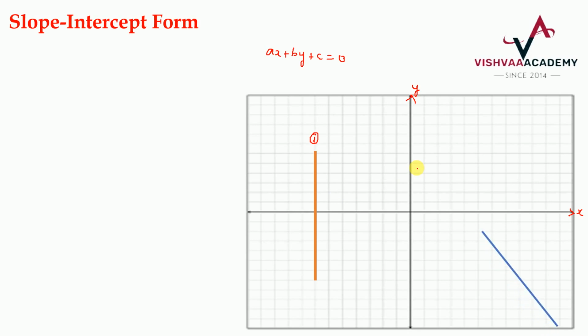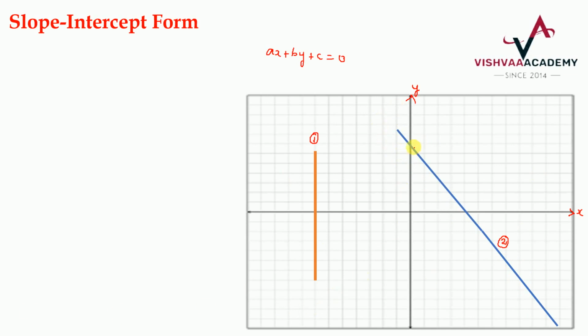So I'm going to consider some other line which is not vertical. For example, this one is line 2, and this is not a vertical line. Suppose I extend this line like this, it will cut the y-axis at some coordinate point.